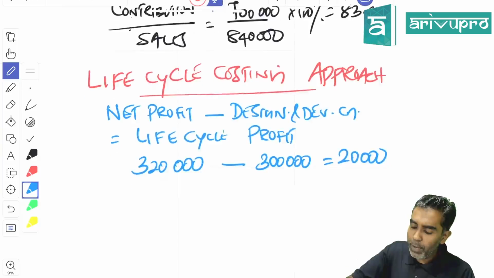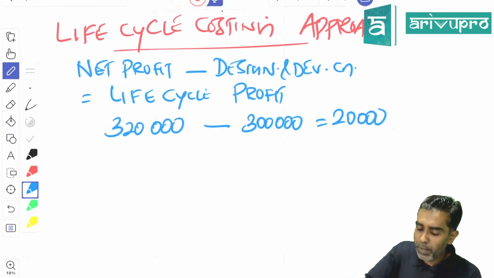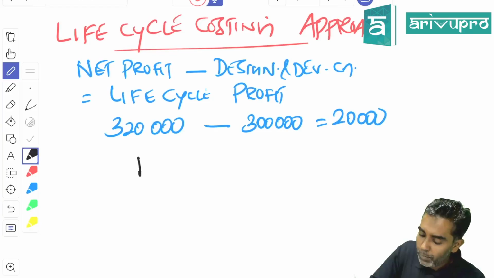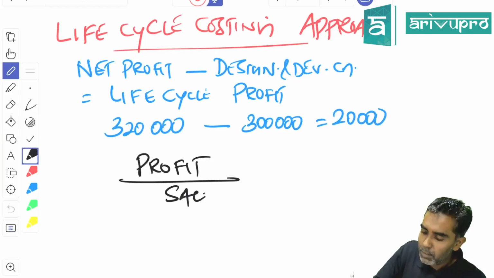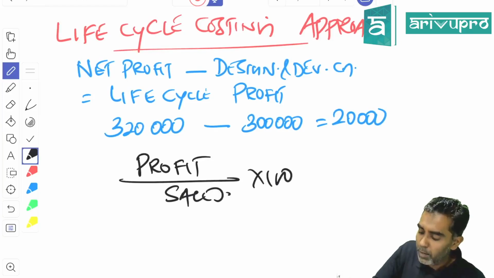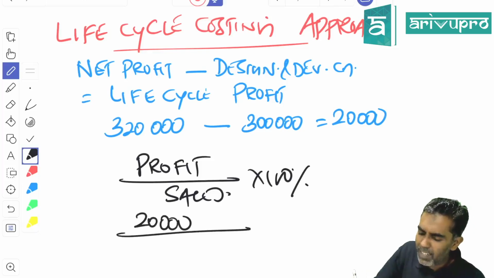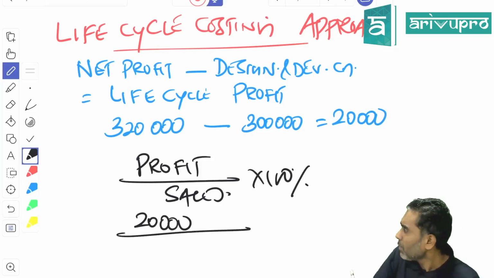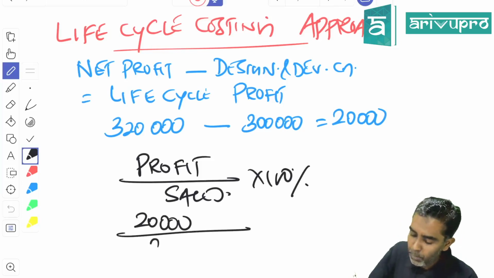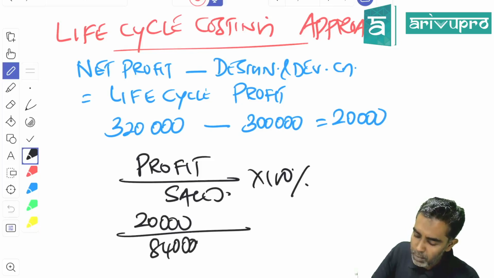Now, if you calculate the ratio, profit divided by sales times 100. Profit is 20,000. Sales is 840,000 times 100.